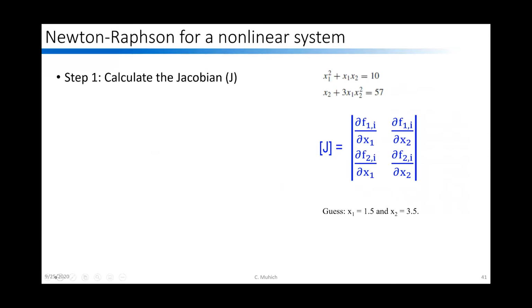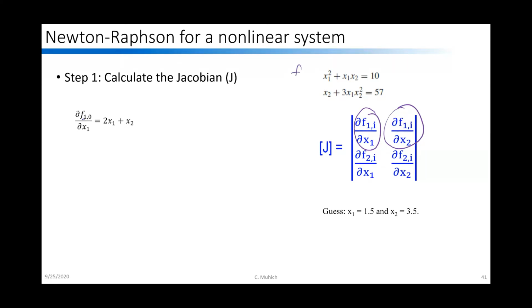So let's start. The first thing that we need to do is calculate the Jacobian. This means we need to come up with all the partial derivatives for my system. Let's look first at f1.